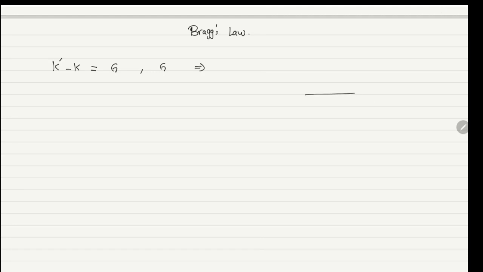So if this is a lattice plane, and this is the incident wave vector k, and this is the reflected one, found as k prime, and this is G, and this is theta, named theta B.